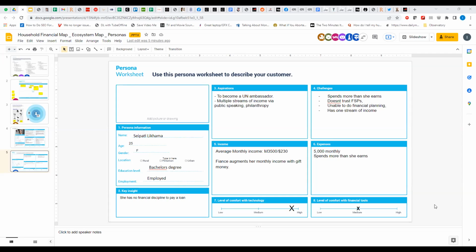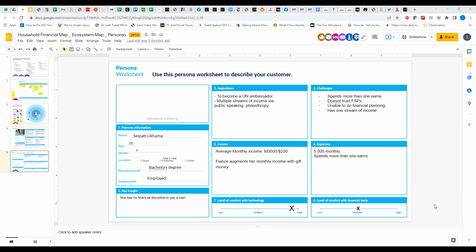She is unable to do financial planning for herself, and we can boldly say she has one stream of income. Her level of comfort with technology is very high, and her comfort with financial tools is at a medium level. She says she sometimes keeps money within her mattress, so she does not use mobile money so much.